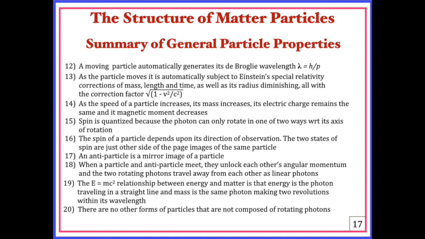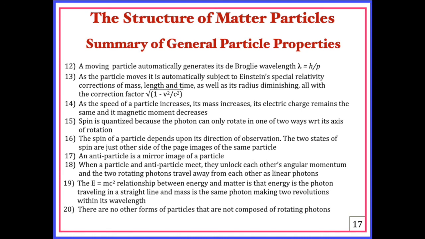Now this one's what some may find unusual, but as the speed of a particle increases, its mass increases, its charge remains the same, and its magnetic moment decreases. Now you know why spin is quantized: a photon can only rotate in one of two ways with respect to its axis of rotation. An antiparticle is a mirror image of a particle.